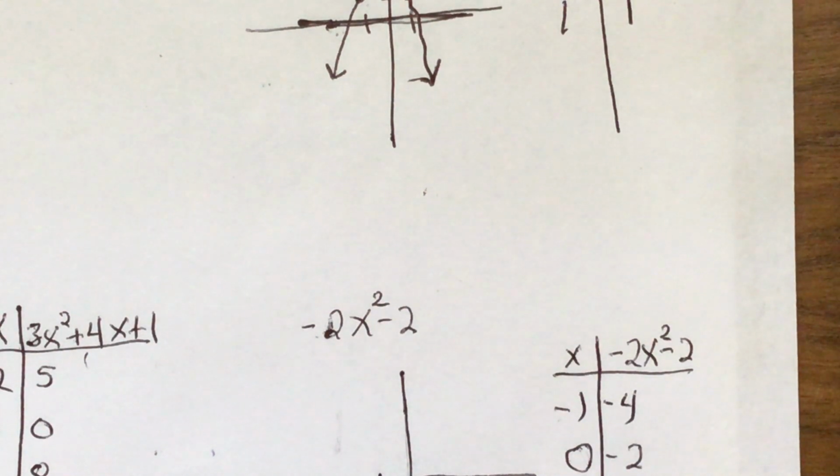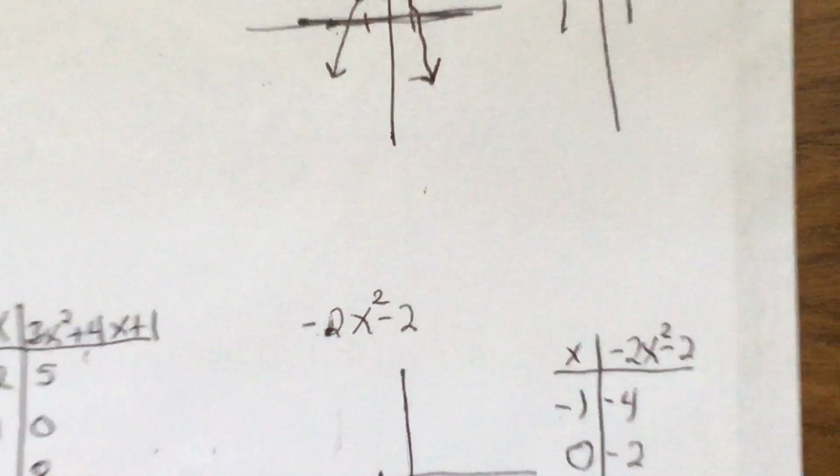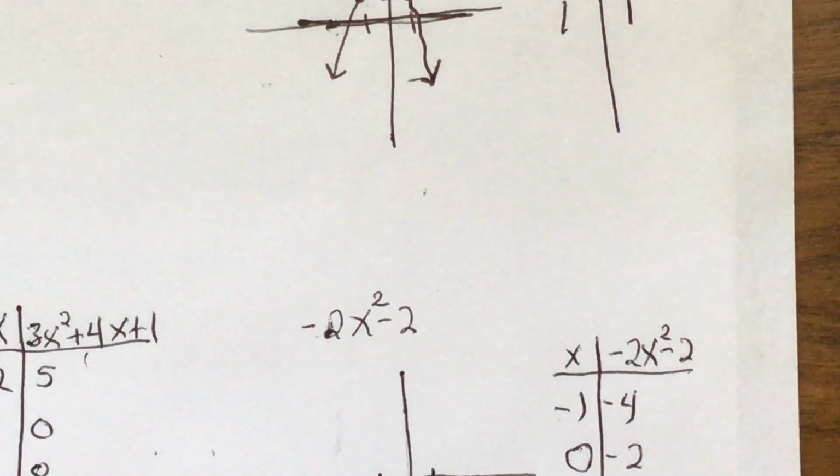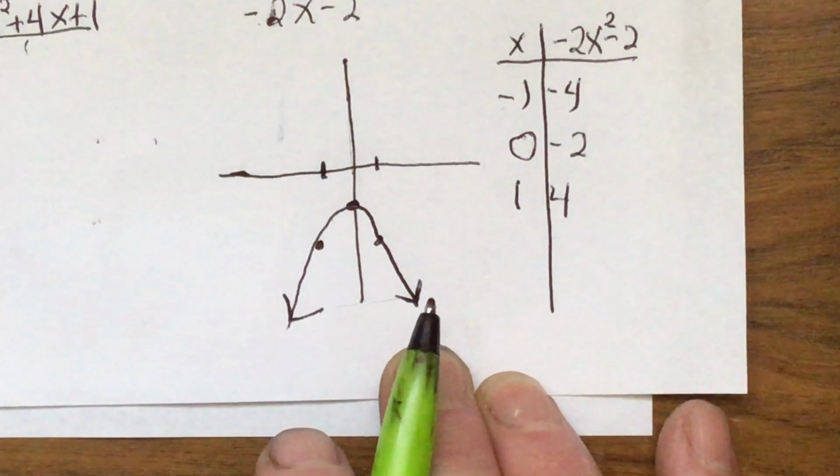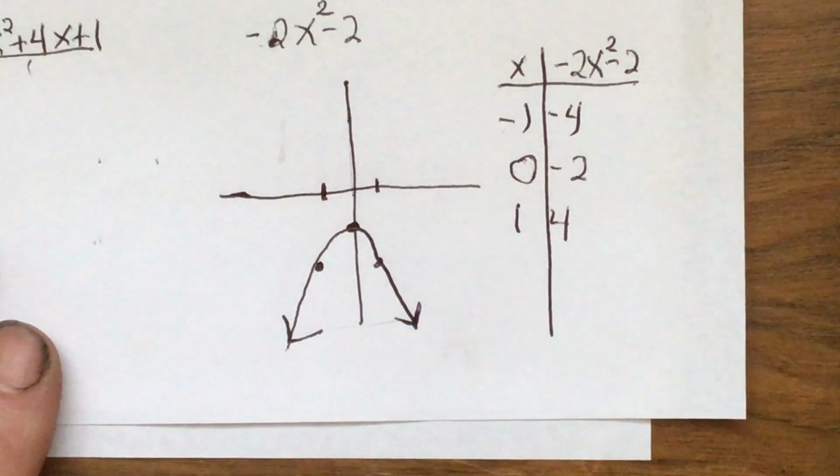Let's call this -1. Here's -4. And then 0, -2. And then 1, 4. And draw the shape. There we go. Bada boom, bada bing. Well, would have been nice if you'd have seen me do it, but here it is.